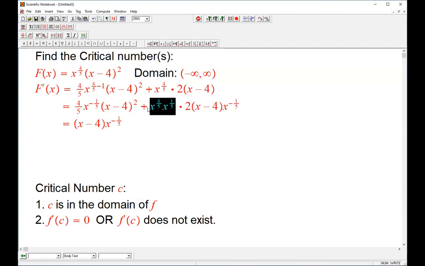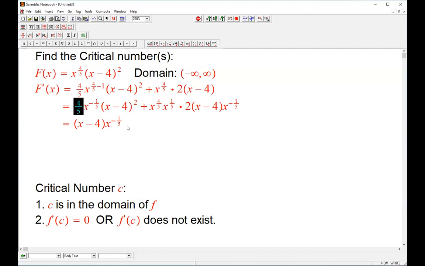So this will make x raised to the power of what? 1, right? We're factoring them out. Let's see how I do it so you can understand. Hold on. So I'm not going to take it out yet. So x raised to the power negative 1/5, this is a 4/5, right?